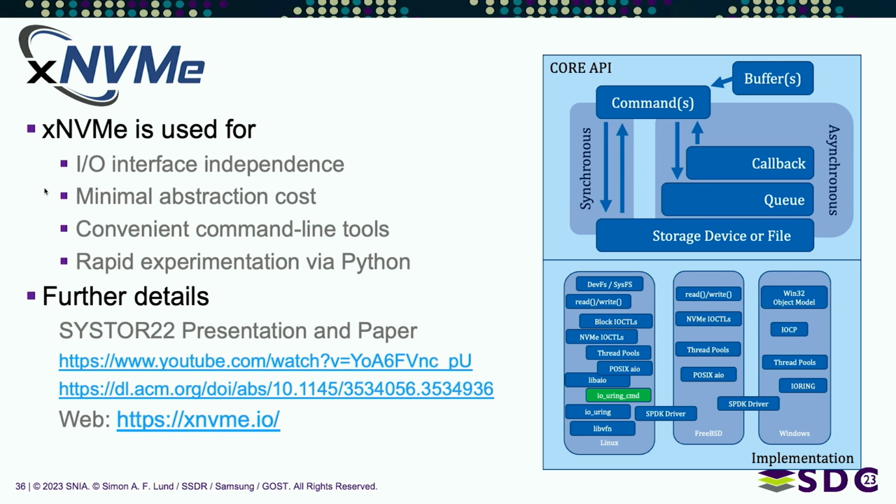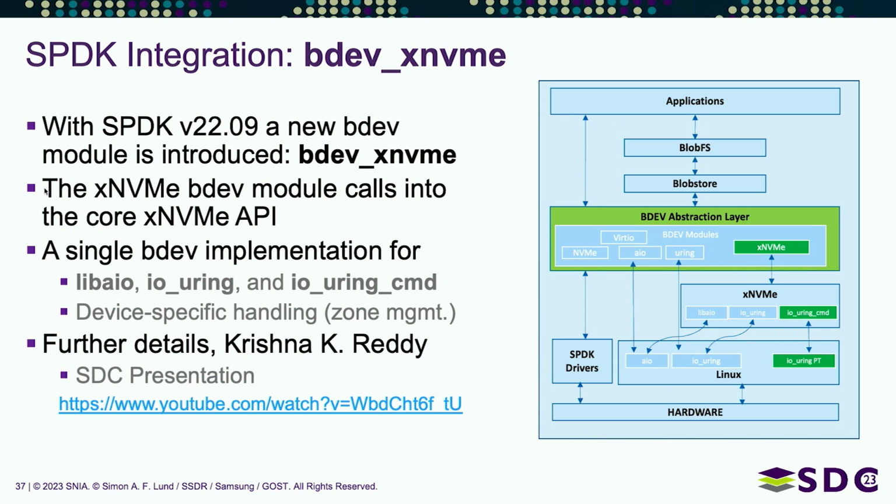What we aim for is always a minimal abstraction cost, since in the world of performance, and especially in SPDK, this would really not have any adoption if you were paying a bunch of cycles on the abstraction layer itself. And for more details, I would invite you to look at this paper that was presented last year at SysTor, and have a look at the webpage as well. So that brings us to the final component. We now have the handles for the uring command and the char devices.